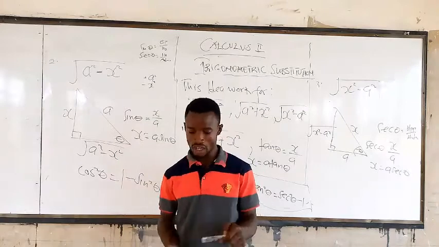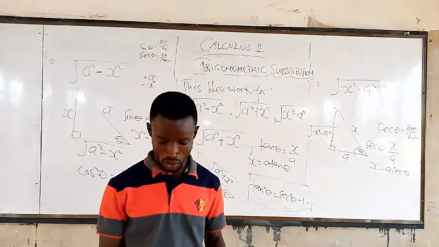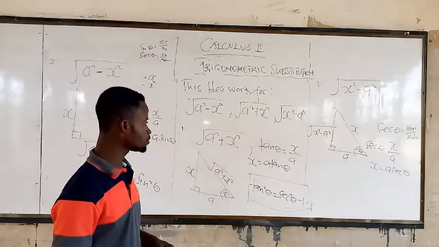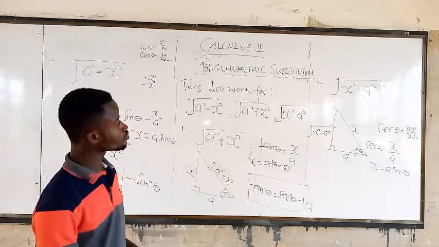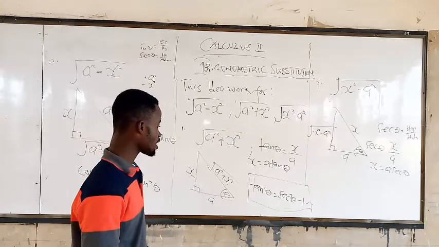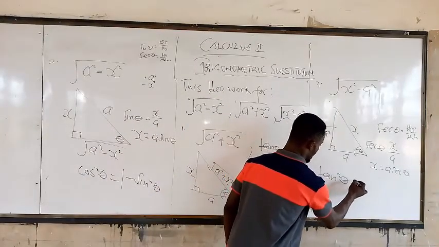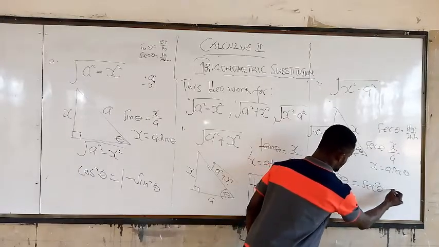There will be a need of a trigonometric identity, and that is going to be tan squared theta is equal to sec squared theta minus 1.